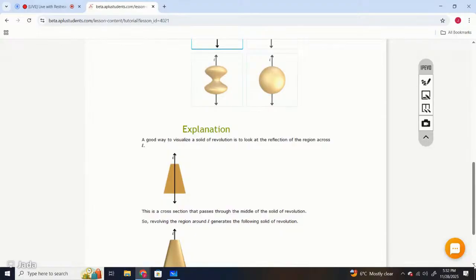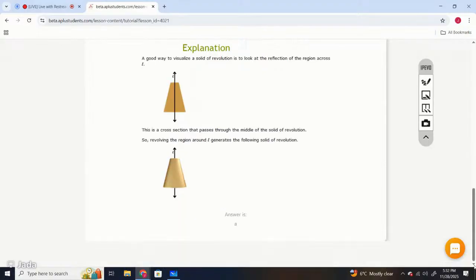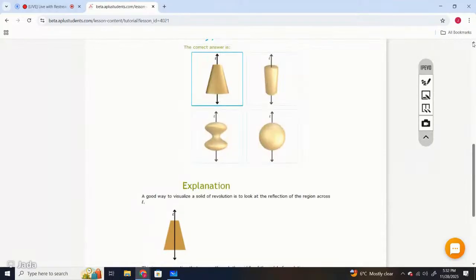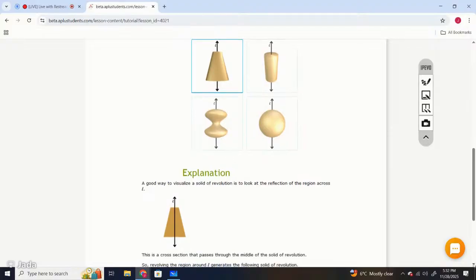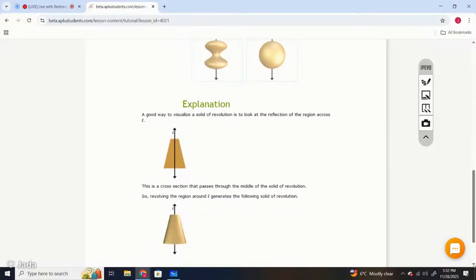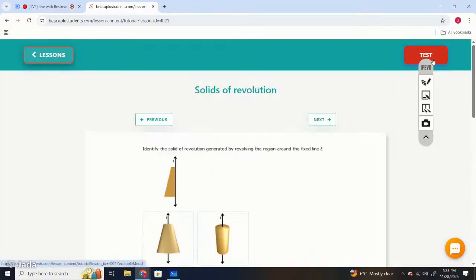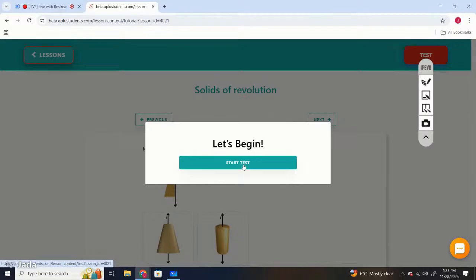This is the cross section that passes through the middle of the solid of revolution. So, revolving the region around L generates the following solids of revolution. Okay, let's just start with the test questions, but I don't get what this solid of revolution is.